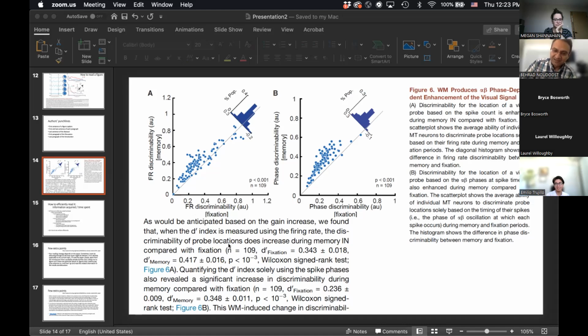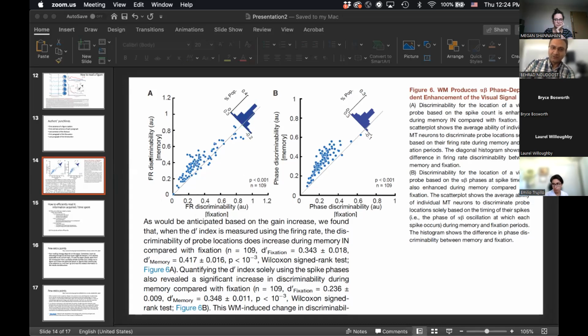But after reading the first 10 papers, you're going to learn that this is the y-axis, this is the x-axis, this is the line of unity. If things are above the line of unity, that means y is greater than x. And in order to read it, you read the text. It tells you how many sample sizes you had.